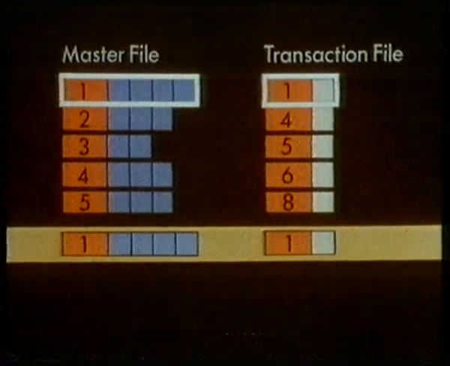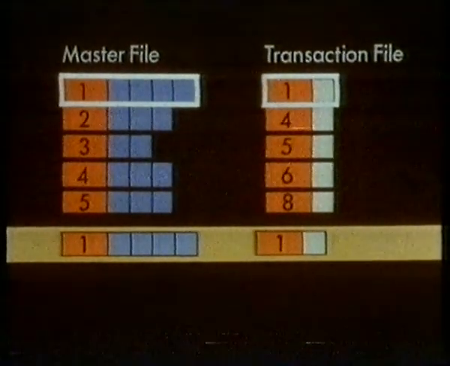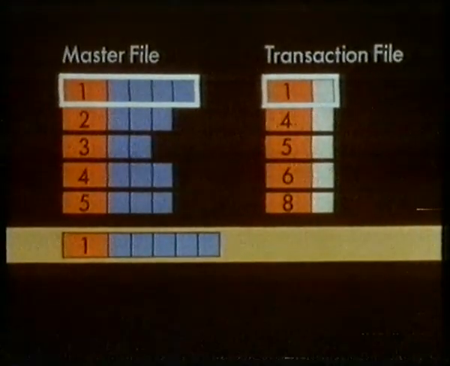Here, the transaction in working store is for the same account as the master file record. The computer can test this by checking that the identifying numbers match. So the new transaction details are added onto the record. And now the updated record can be used to start a new version of the master file.